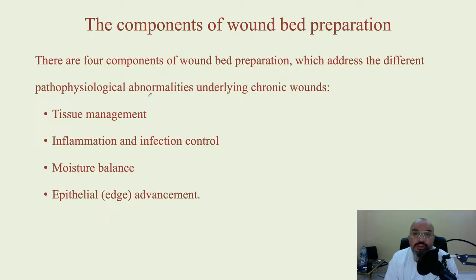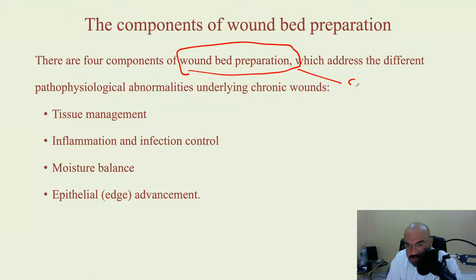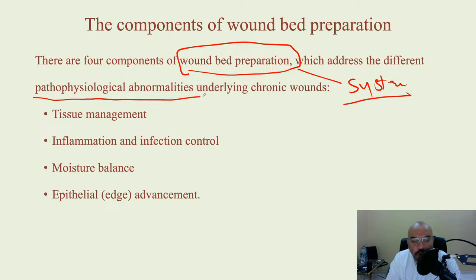Let's now take a deeper look at the components of wound bed preparation. We know that wound bed preparation aims to be systematic, right? What is the meaning of systematic here? They say that when we deal with wounds, we should support them to pass through the pathophysiological abnormalities by tissue management, so we should remove the unwanted tissues.